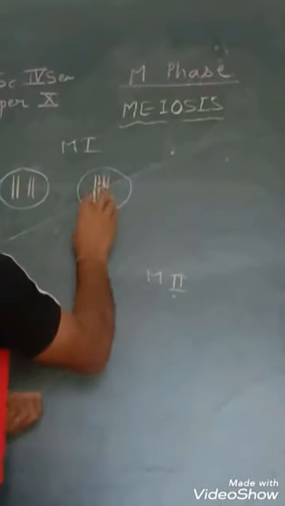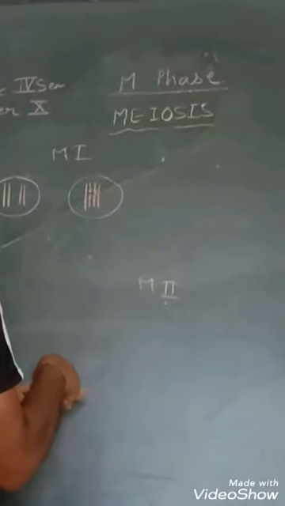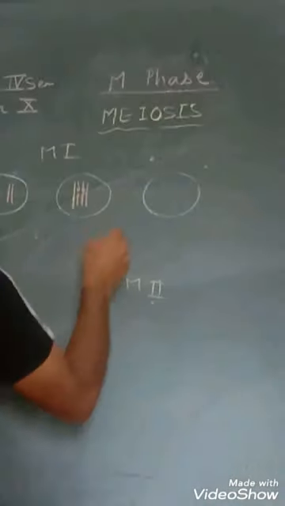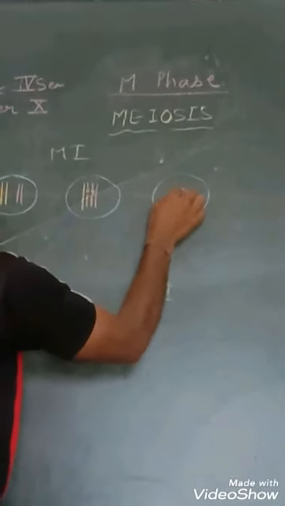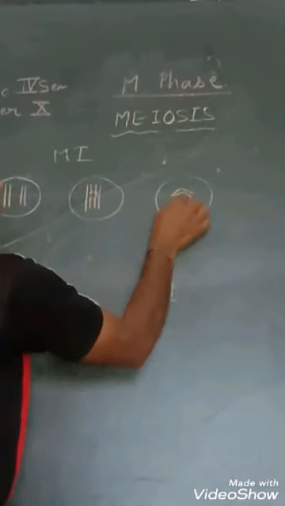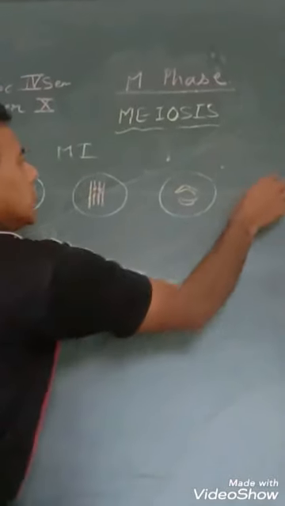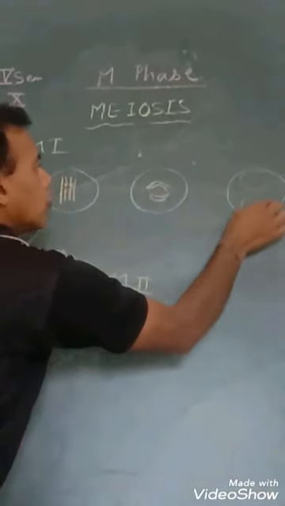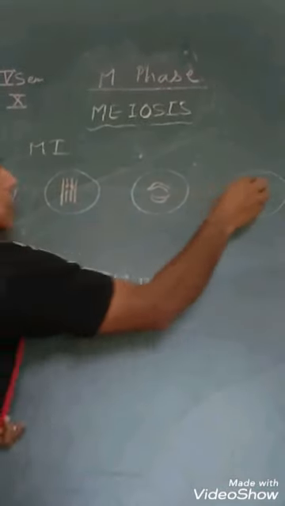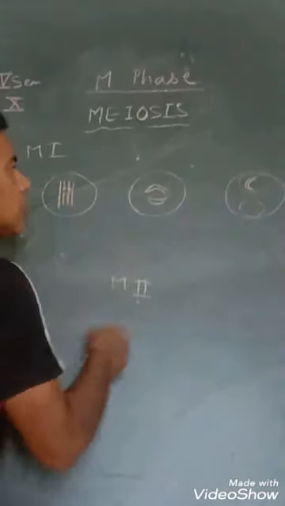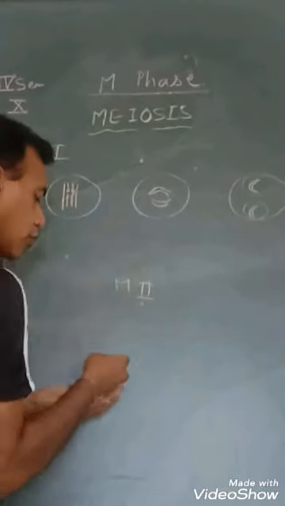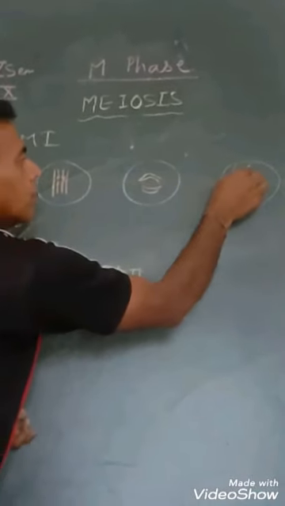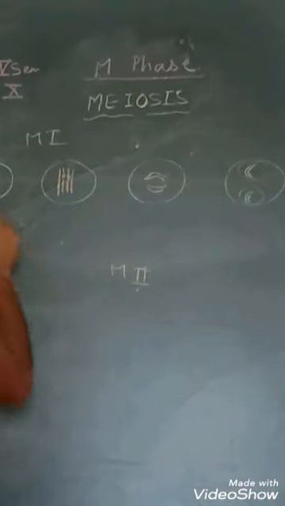Condensation takes place, then the arrangement of these on the metaphase plate, separation, and in the last of meiosis 1, we got two nuclei having half the chromosome number. The chromosome was having one parental arm and one recombinant arm.